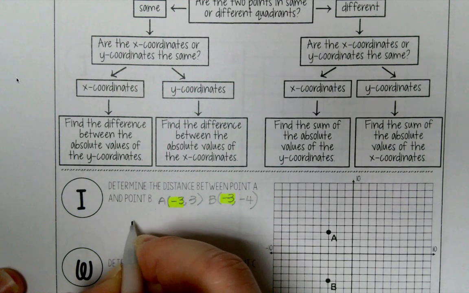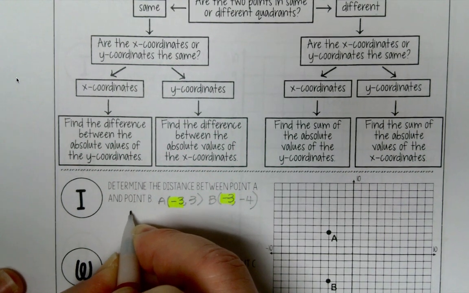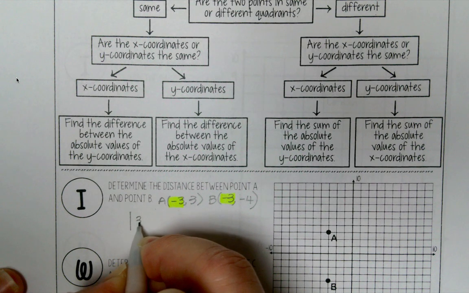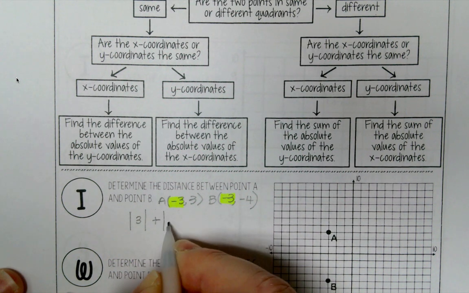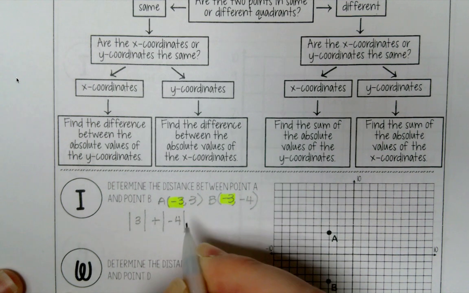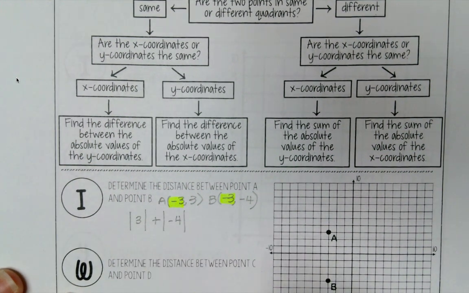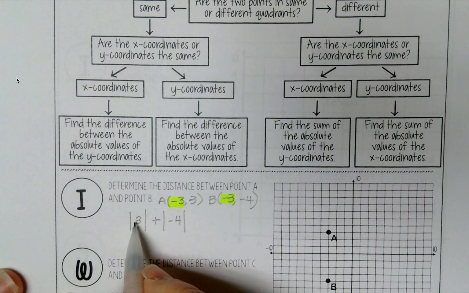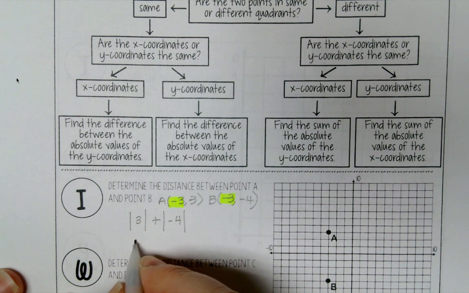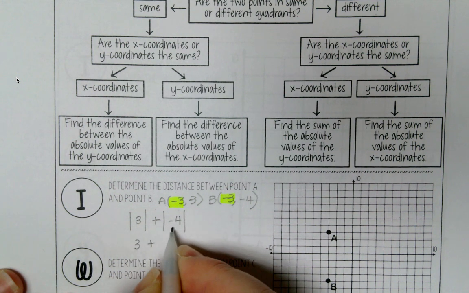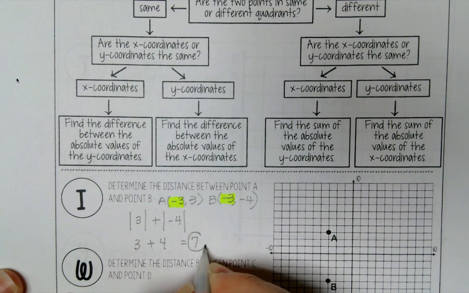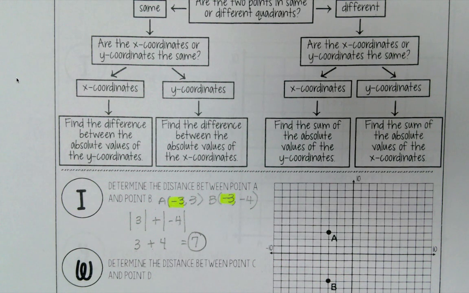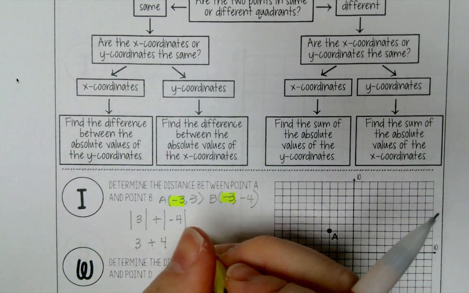So my y coordinates are positive 3 plus the absolute value of negative 4. Yes, I've exaggerated my lines, but I do. So then we're going to find the absolute value of 3, which is 3, plus the absolute value of negative 4, which is 4. 3 plus 4 is 7. Okay, so 7. You don't have to put a unit of measurement.